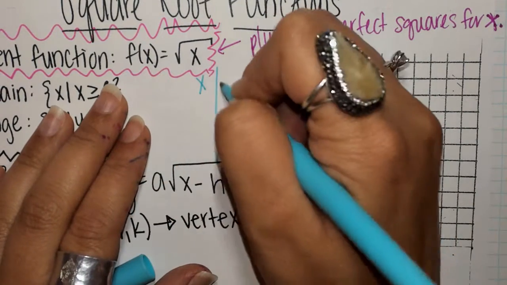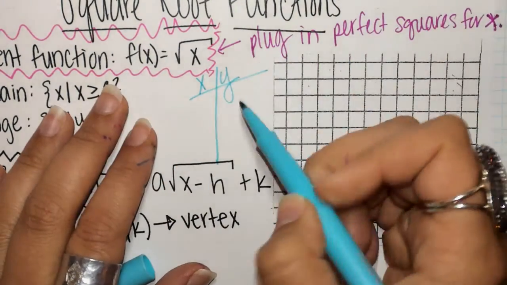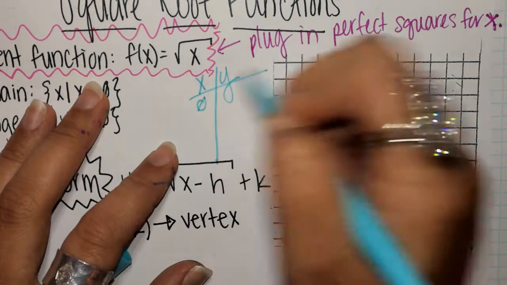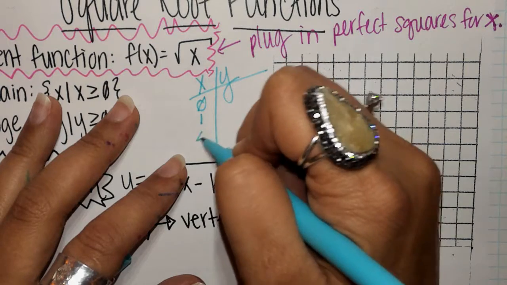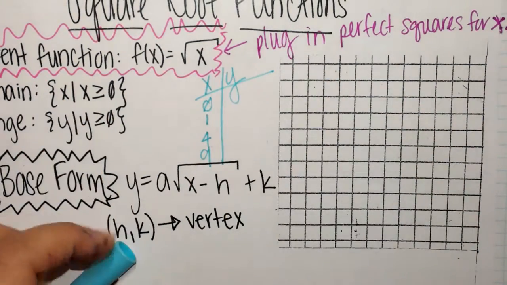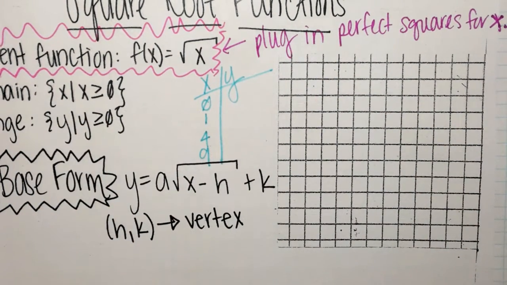But this time, we're plugging in specific numbers. So our first perfect square is 0, because if you take the square root of 0, you get 0. Then we're going to plug in 1, 4, and 9. Those are our perfect squares.